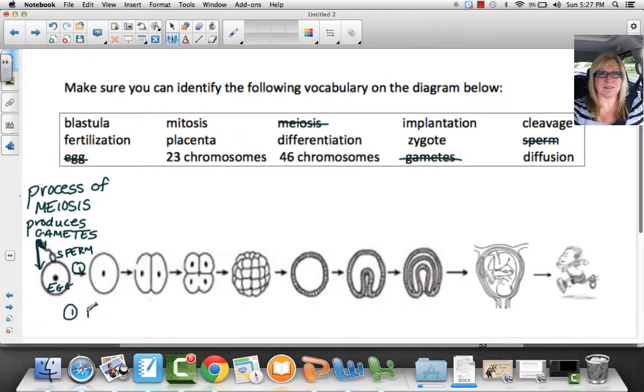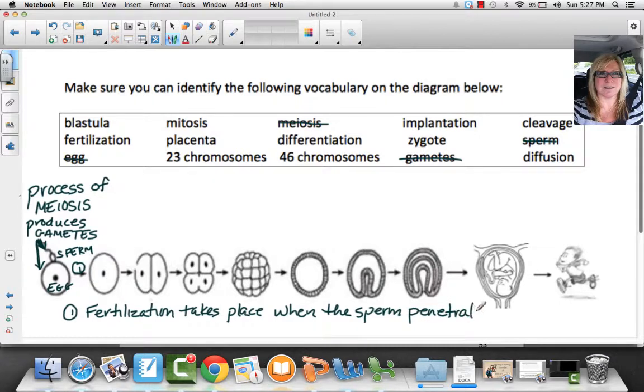Number 1, fertilization takes place when the sperm penetrates the egg. So we got that. And then that forms a zygote, which has 46 chromosomes.